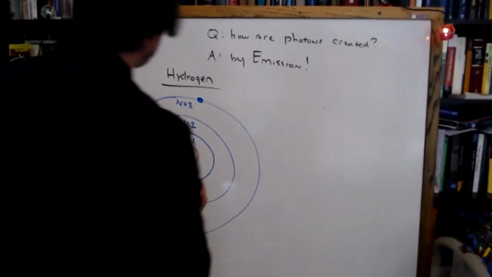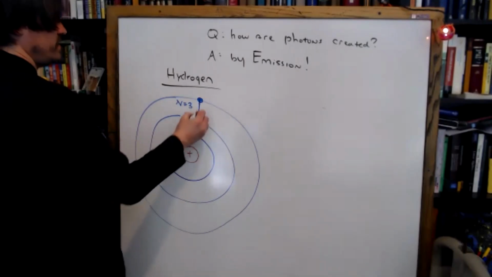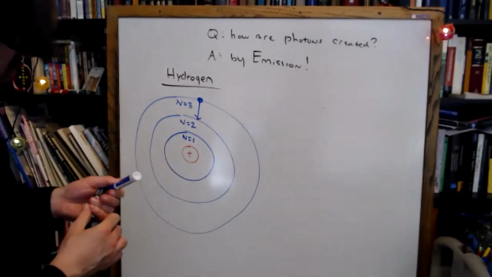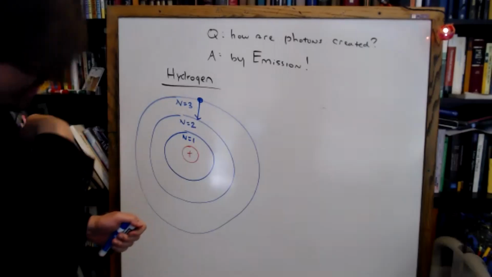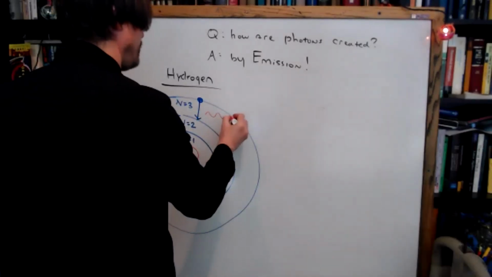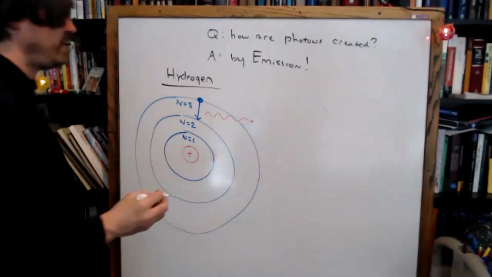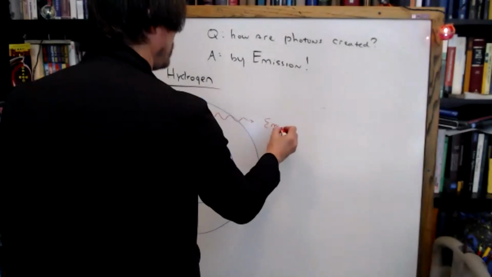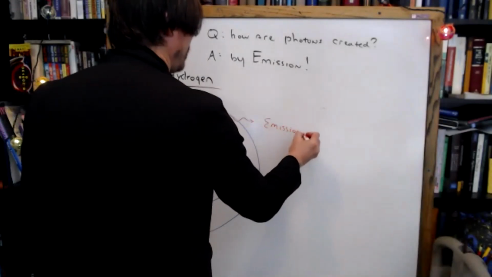After that, the electron tends to get tired and it drops from a high orbit to a low orbit. And when it does so, it releases energy in the form of a single photon. This single photon is called an emission line.